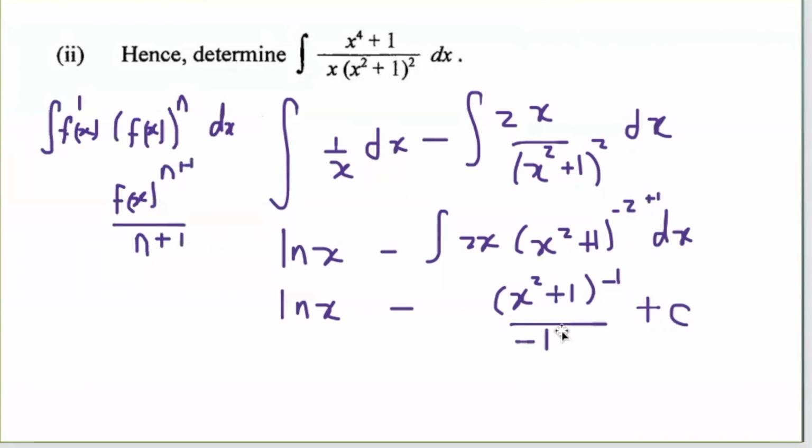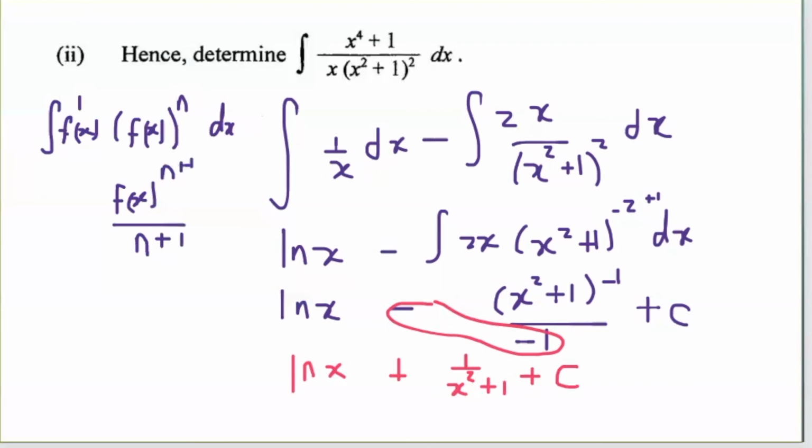So minus 2 plus 1 gives you negative 1. Now negative times negative, that will be positive. So I'll have my ln x plus, because the minus 2 changes to a positive, you can't forget about the 1. Then to the minus 1 is the same thing as rewriting this as 1 over x squared plus 1, plus c. And that's it.